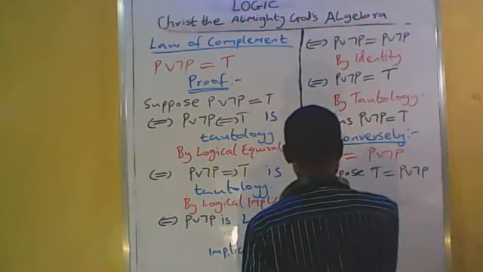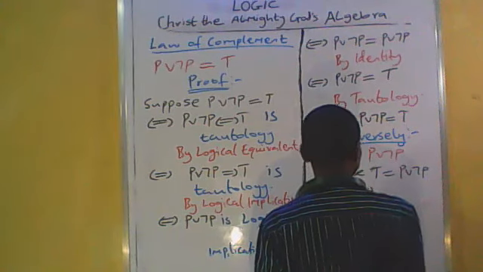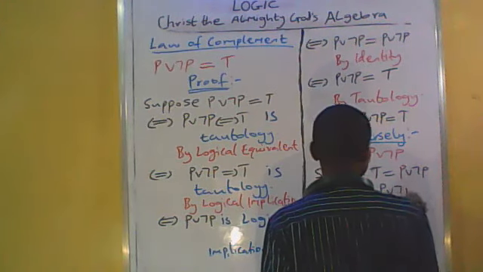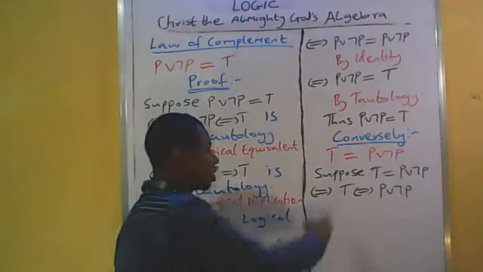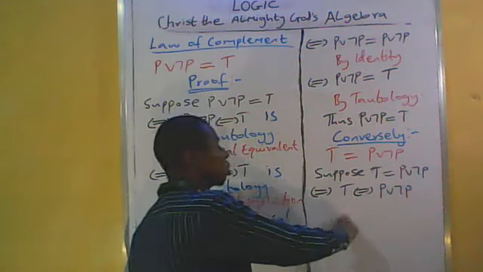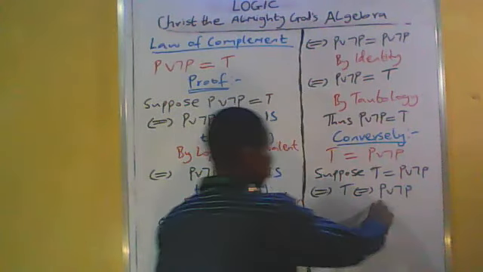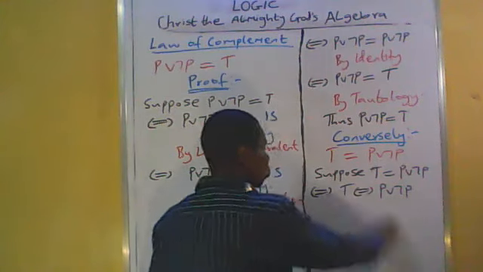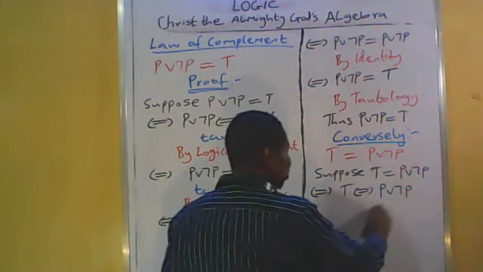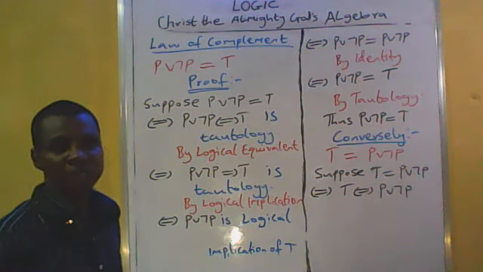If and only if T, if and only if P or not P. You find out that whenever the left side is true, also the right side is also true. Whenever the right side is true, also the left side is also true. So if you evaluate this statement, there's no possibility of getting falsity, always truth. You say that the statement is tautology.